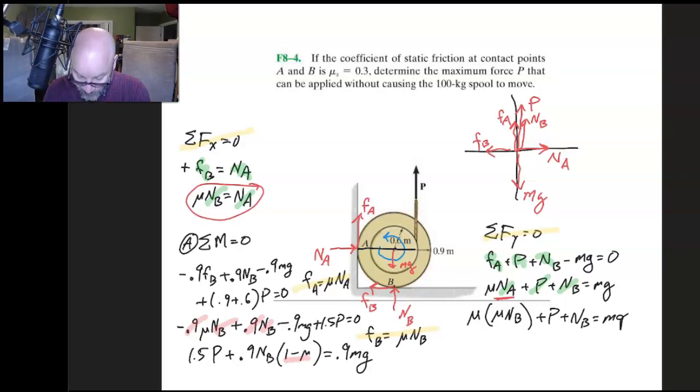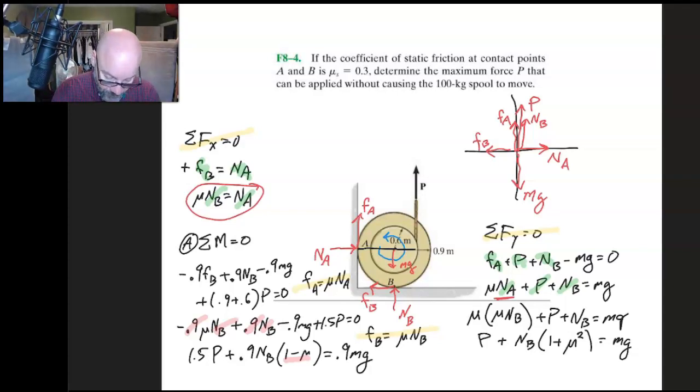If I simplify things, I'm going to have P plus NB times 1 plus mu squared is equal to mg. I'm not going to take it any further than that, just for the sake of time.